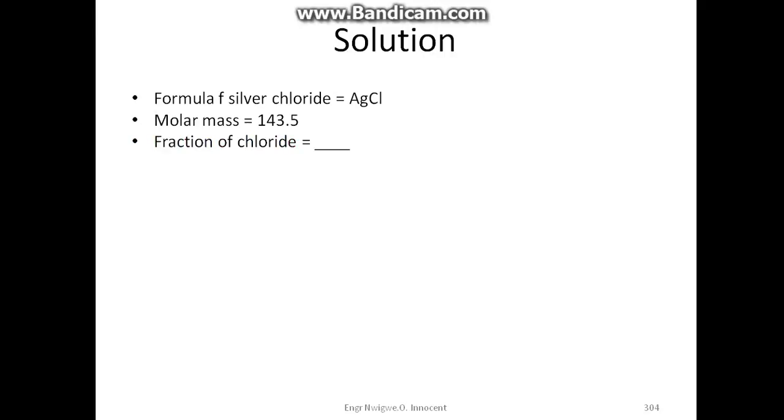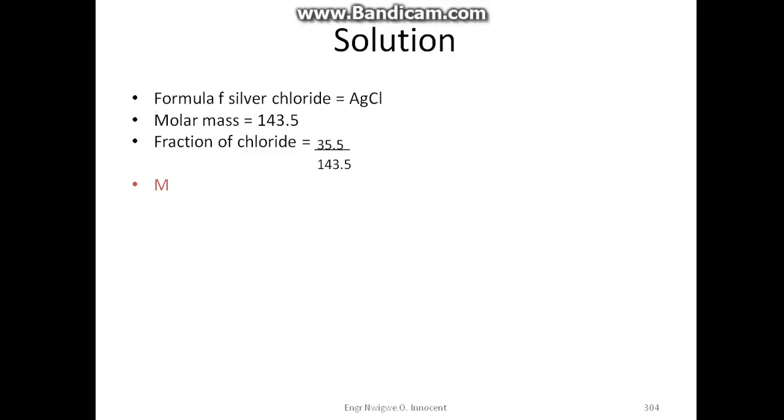Solution. The formula of silver chloride is AgCl. Molar mass is equal to 143.5. The fraction of chlorine is equal to its molar mass, that is 35.5, divided by the total molar mass, that is 143.5.